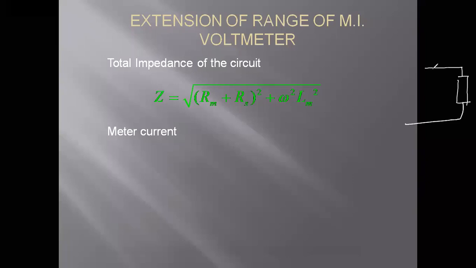This is the load and this is my Rs, and instead of the meter, I will draw it as Rm and Lm. So the total impedance Z of the circuit is Rs plus Rm plus j omega Lm. Magnitude is shown here.